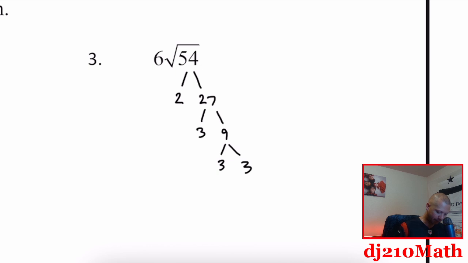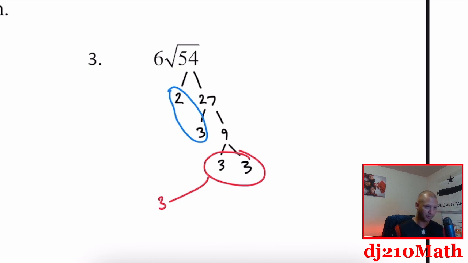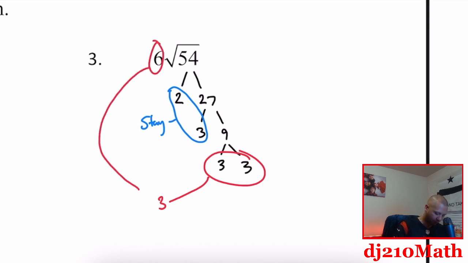So let's look at our pairs. We only have one pair of 3s. So this pair is going to come out as a single 3. And then what's left behind? 2 times 3. A 2 and a 3 this time is left. So these stay. Outside there was already a 6. So 3 times 6 is 18.